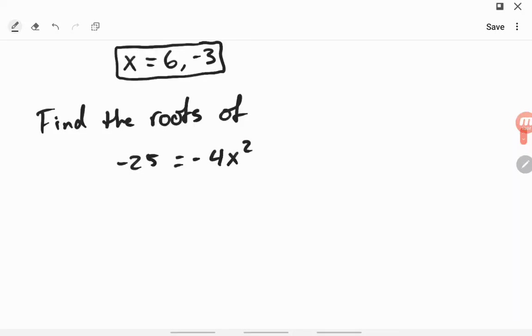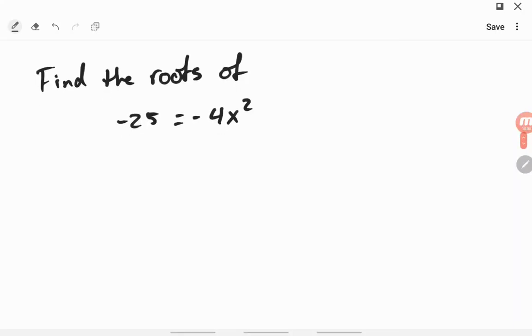Some of you may be thinking, wait, but Mr. Peters, this is not a quadratic because it's not in standard form. I only see two terms. How am I supposed to solve for this? Well, your first step is going to be to get every term onto one side of your equation such that it is equal to 0.